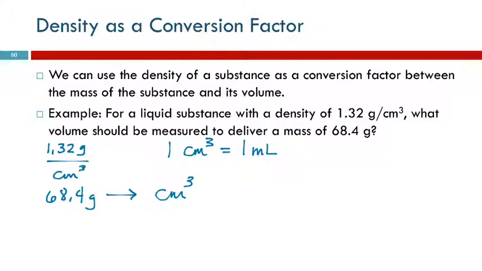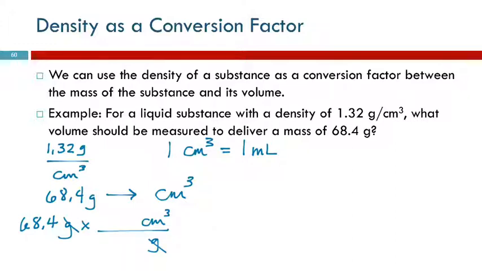Density is the conversion factor between mass and volume of a given object. 68.4 grams. I have one fraction. I'm going to put cubic centimeters on top. Grams to cubic centimeters. I'm going to put grams on the bottom. The grams cancel out.